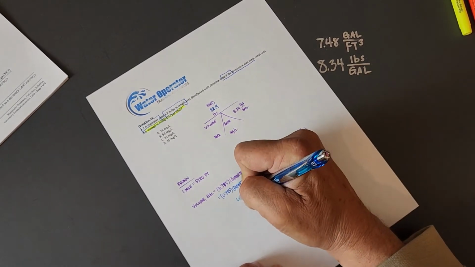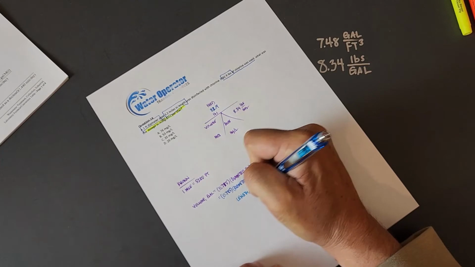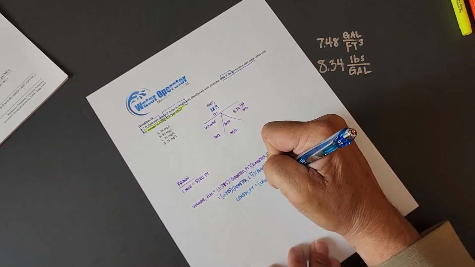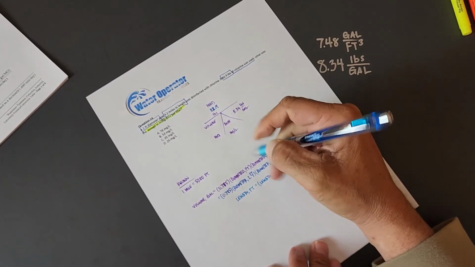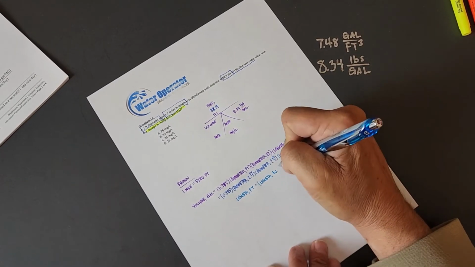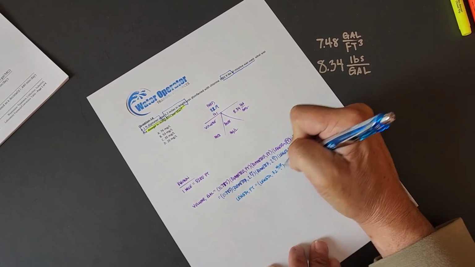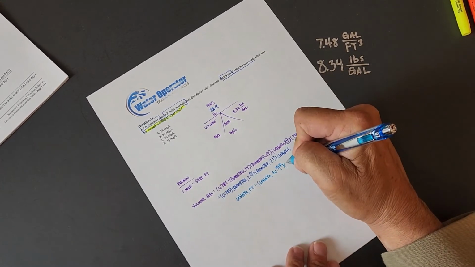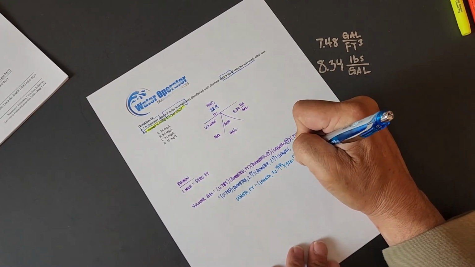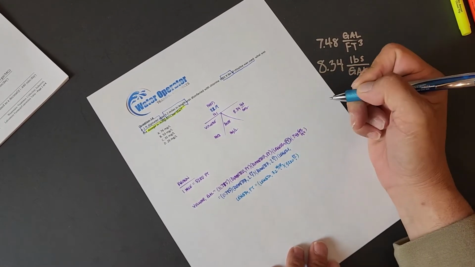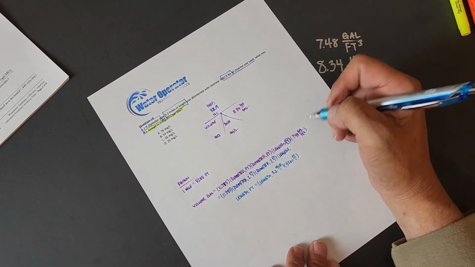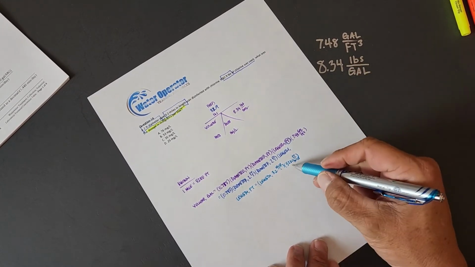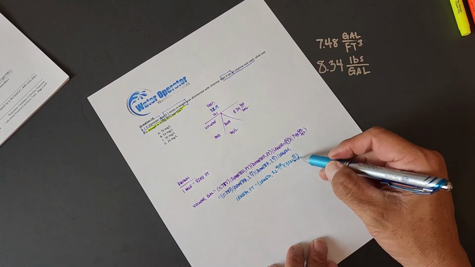So I want the length in feet equals the length, 3.2 miles, times our conversion factor, 5,280 feet per mile.